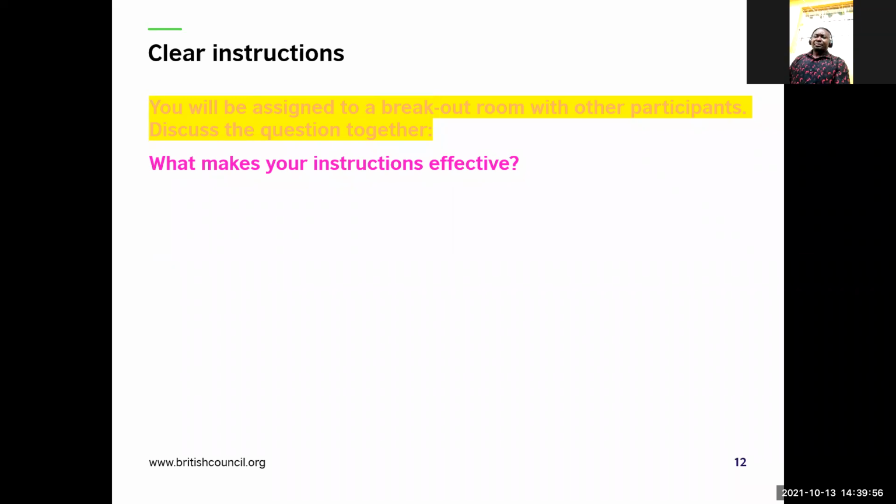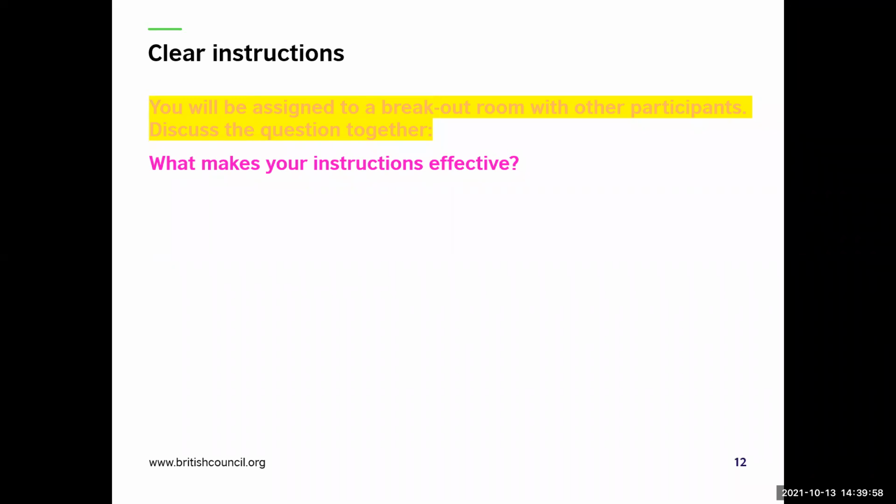You can share. In room 1, I was working with Fatih from Mali, and we said that instructions can only be effective if they are clear and short. Sometimes you need to make the students read the instructions.